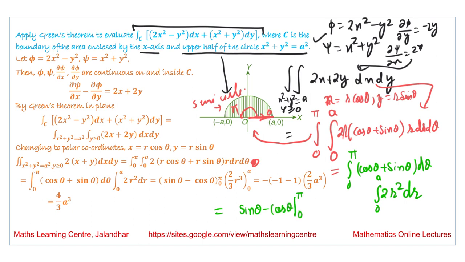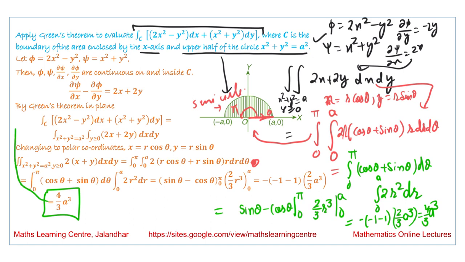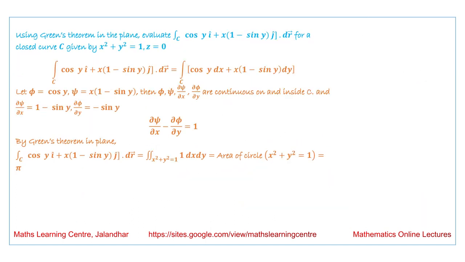Limits are varying from 0 to pi. Then it is 2 by 3 r cube. Limits are varying from 0 to a. So the final answer we get it is minus 1 into 2 by 3 a cube. That is equal to 4 by 3 a cube. So we are saying the value of this integral it is 4 by 3 a cube.